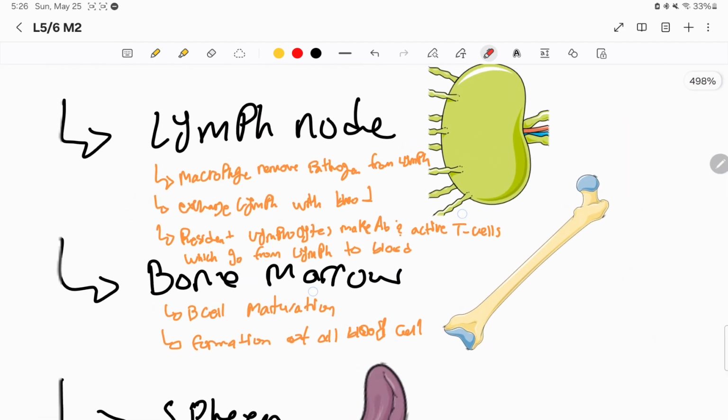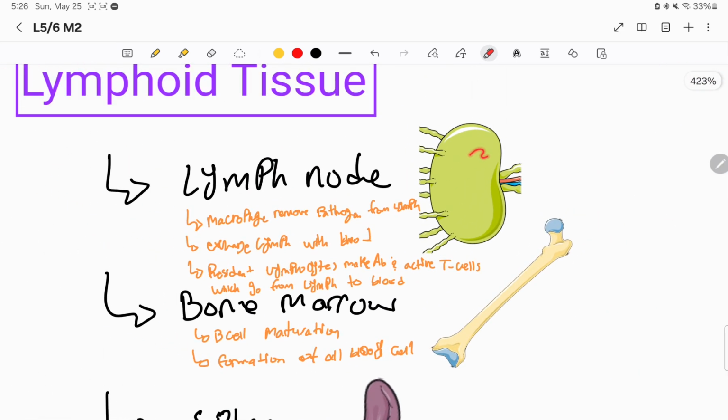These lymph nodes are so important, man. Inside of them, they have macrophages, resident tissue macrophages, that remove pathogens from the lymph. Lymph is just a fluid that flows within the lymphatic system, okay? Just like how blood flows within our blood vessels, lymph flows within lymphatic vessels. They exchange lymph with blood, okay?